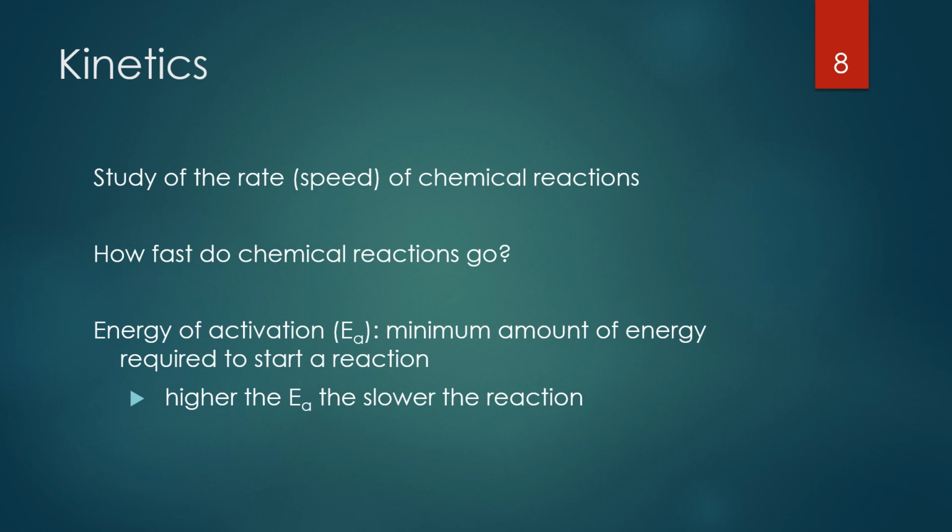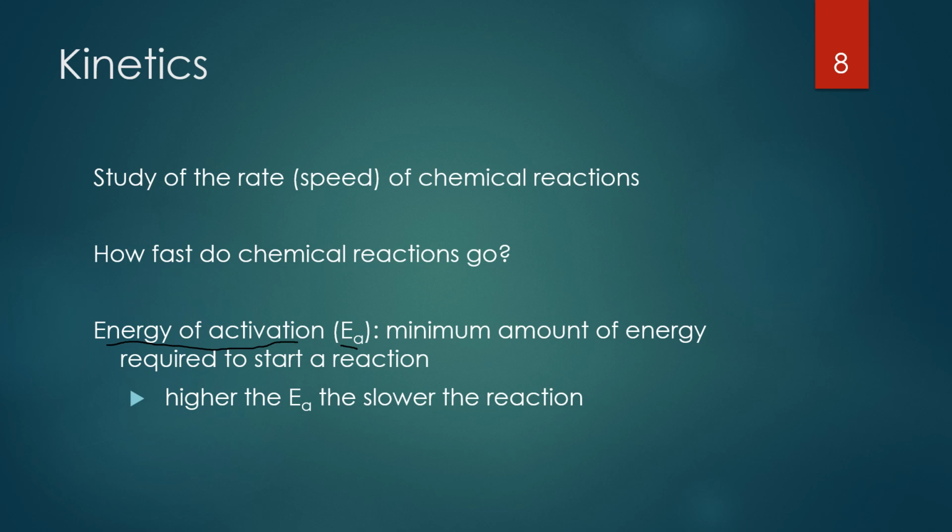So to figure this out, we're going to use the activation energy, or energy of activation. And that's represented by the symbol E sub A, for energy of activation. And what this is, it's a minimum amount of energy that is required to start a new reaction.